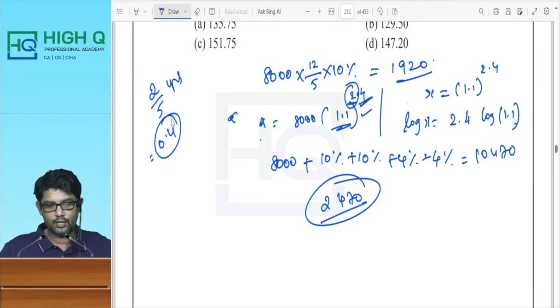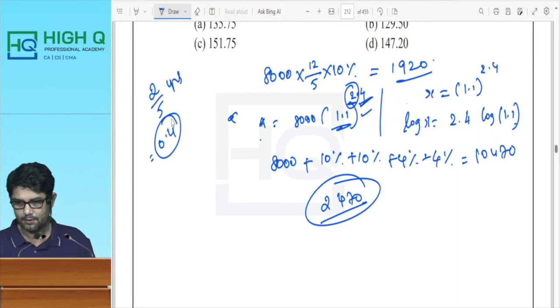How to take 2.4 power easily? Rajal, sir, please root 1.4, yes. Oh, sorry.